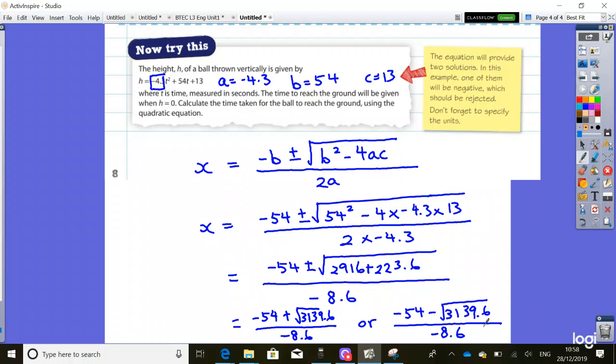Now I can see that this first one is unlikely to be our answer because it's going to be a negative value, so I'm going to focus on this.